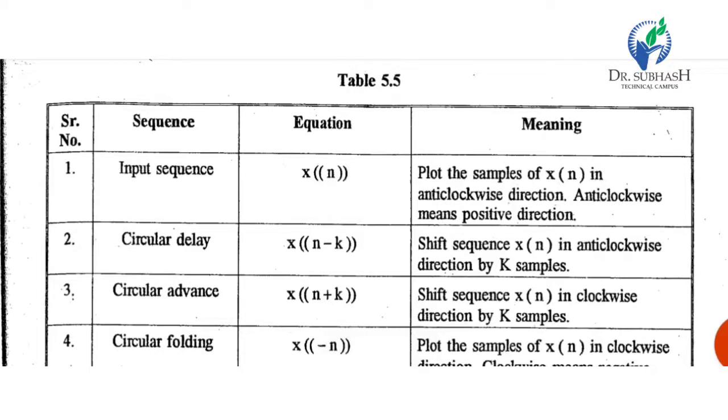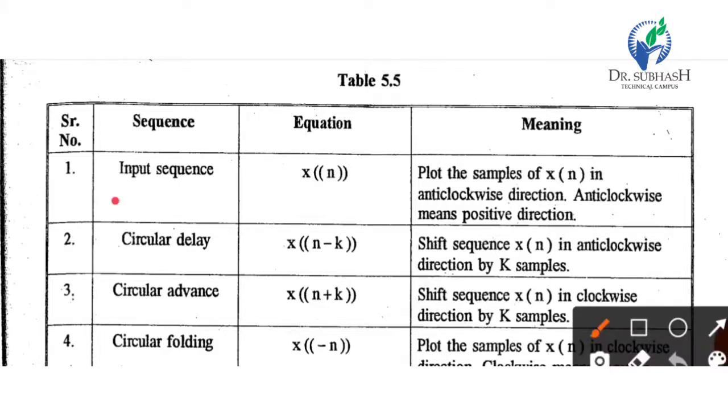Now a summary of the circular properties: sequence, equation, and meaning. For the input sequence x of n, plot the samples of x of n in the anti-clockwise direction. Anti-clockwise means the positive direction.